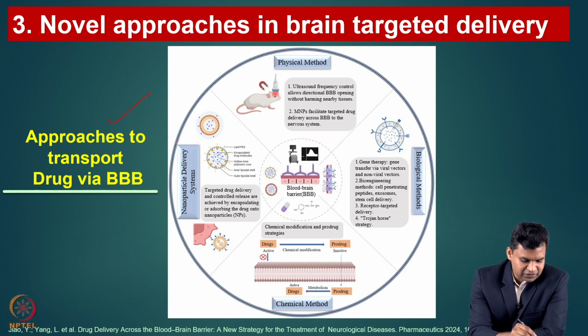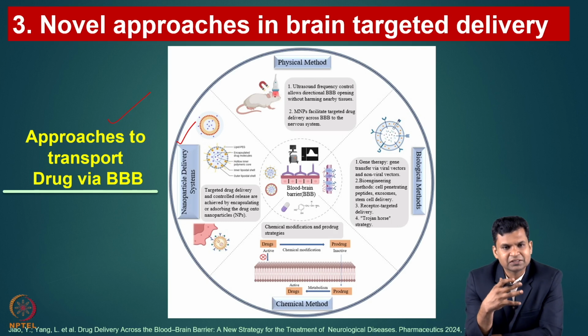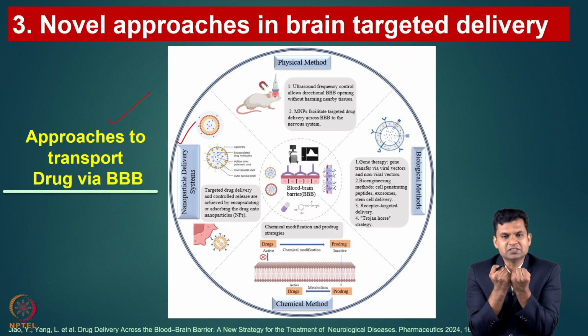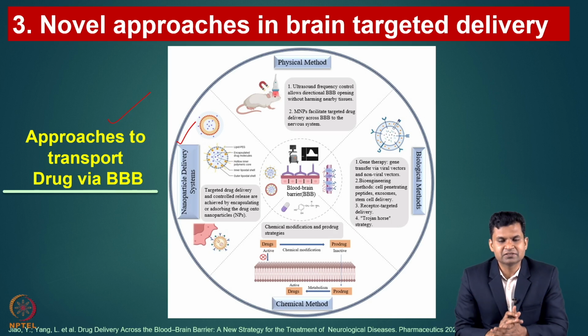First comes the novel drug delivery system, that is, nanoparticulate drug delivery systems. By using active or passive targeting, we encapsulate the drugs which will show activity at the brain site.